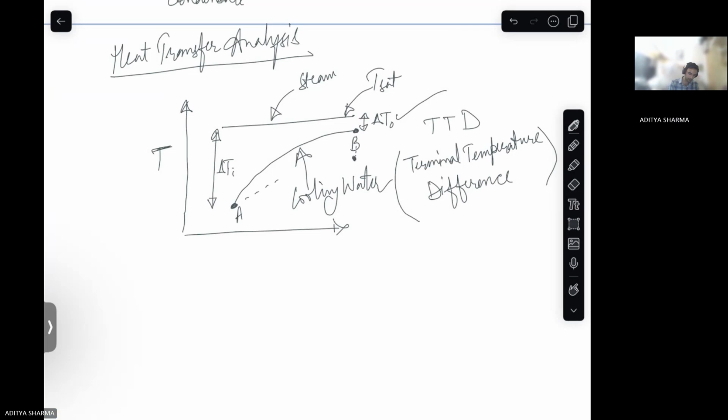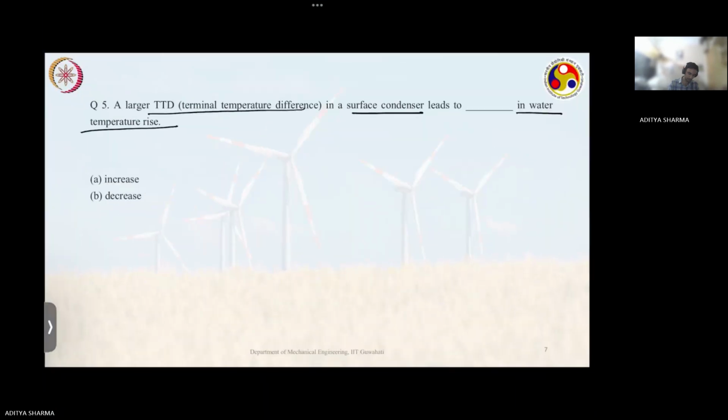So will there be an increase or decrease in water temperature rise? There will be a decrease in water temperature rise. I hope this is clear. So this was a question on terminal temperature difference.